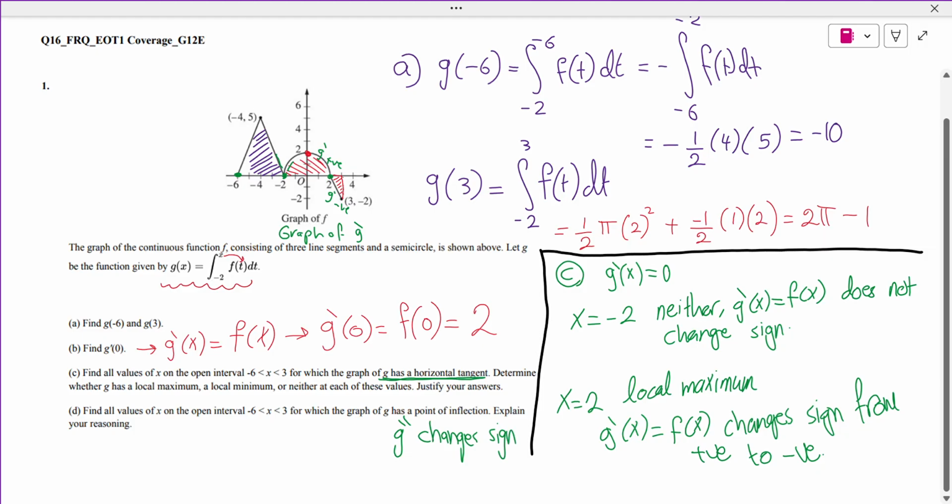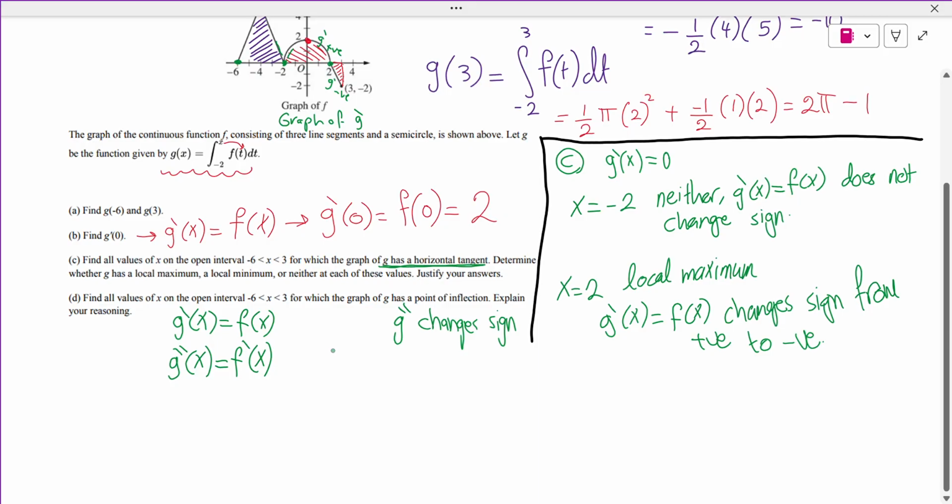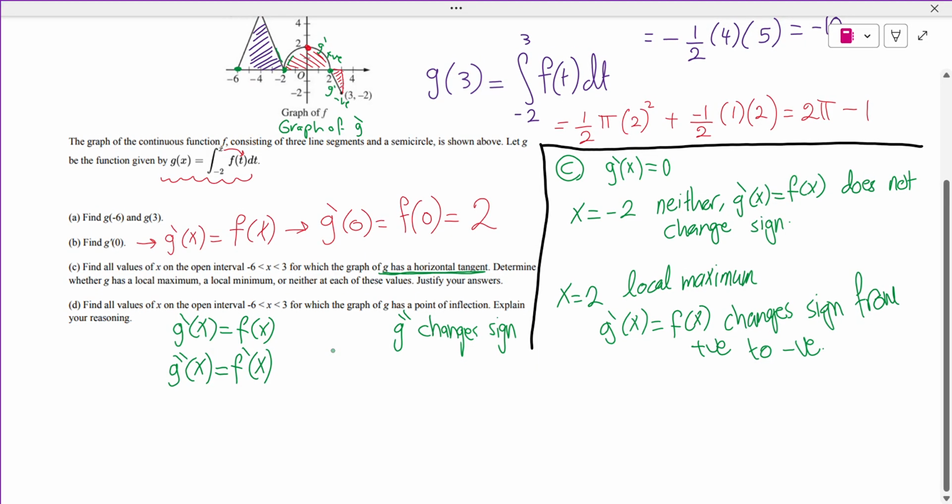And we know that g prime of x equals f of x. That means g double prime of x is equal to f prime of x, by differentiating both sides.